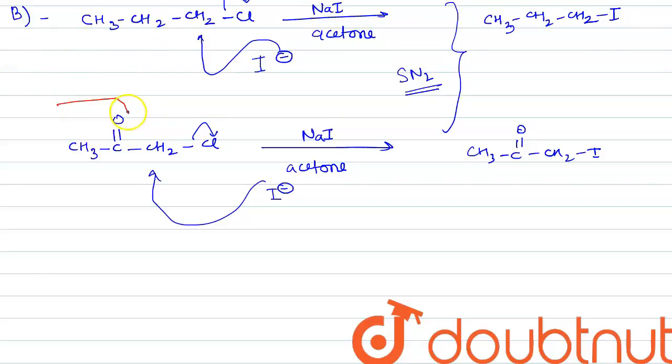In both cases there is an electron withdrawing group. Due to this electron withdrawing group, it withdraws electrons towards itself, this carbon withdraws electrons towards itself, and chlorine is already an electronegative atom, so it also withdraws towards itself. So what happens here is that the bond weakens.